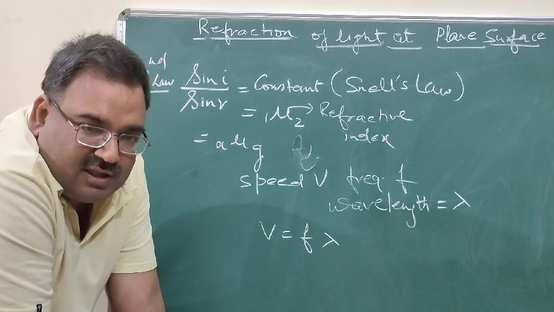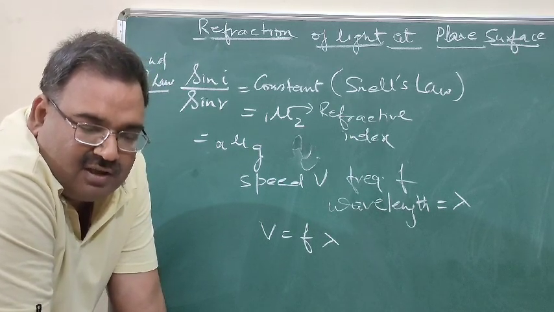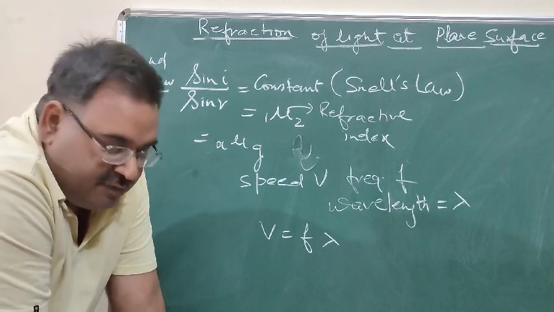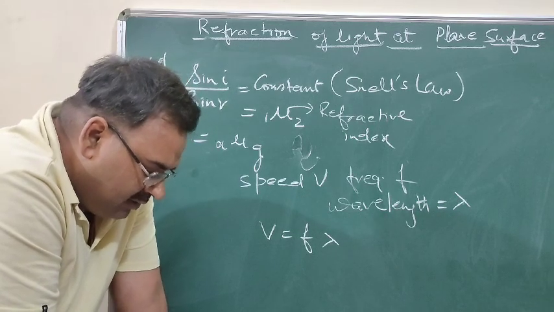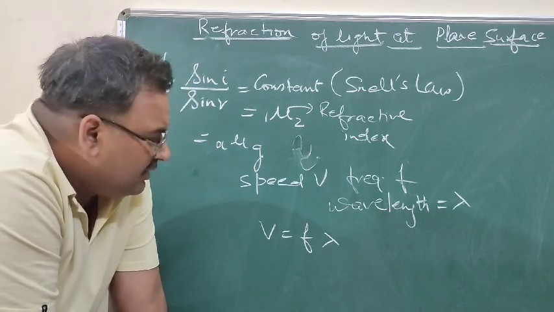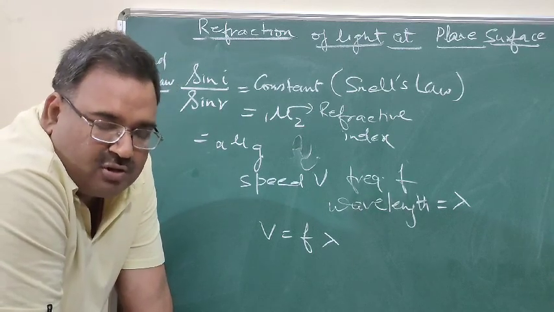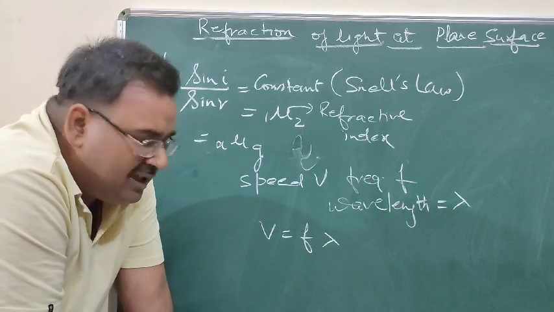The frequency of the light ray when it travels from one medium to another medium does not vary. Frequency will remain constant because it is dependent only upon the source. Now what is left is only V and lambda.